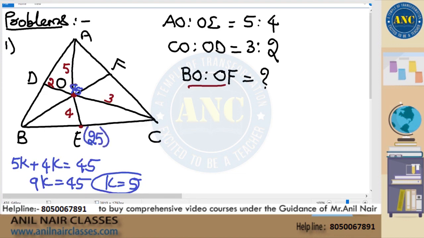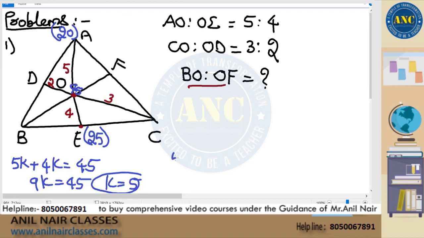I hope it is clear. Why 25? 5 plus 4 is 9, 9k is 45, k value is 5. We told you that M1 to M2 is in the reverse ratio, so the 5 multiple will come here and the 4 multiple will come here. I hope it is clear.